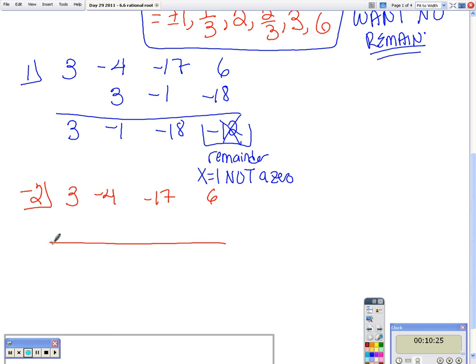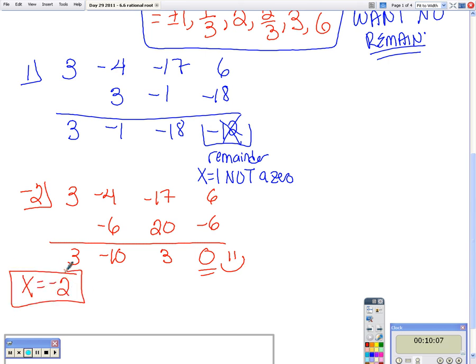We're going to use synthetic division again. All right, we get a remainder of 0. That's good. So that means x equal to negative 2 is one of our zeros.